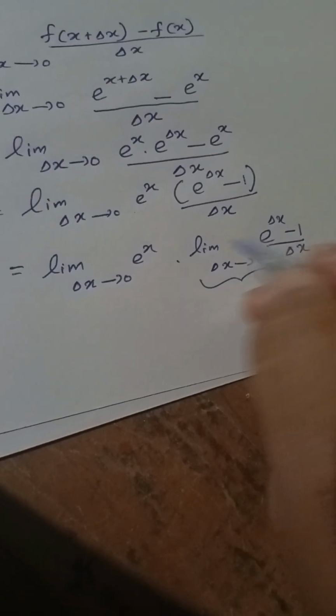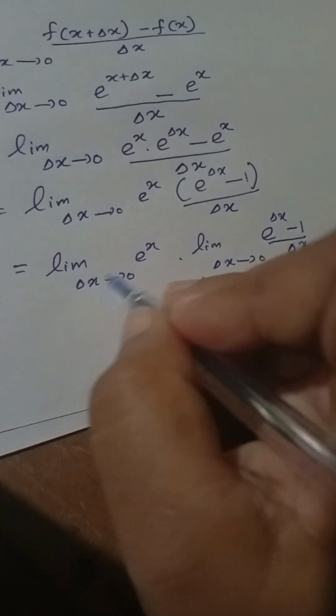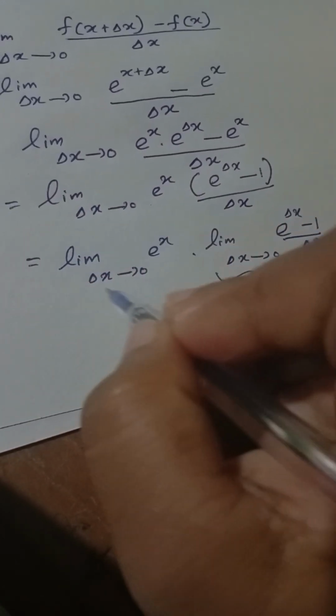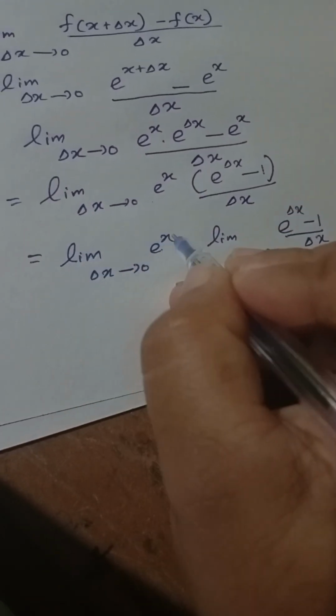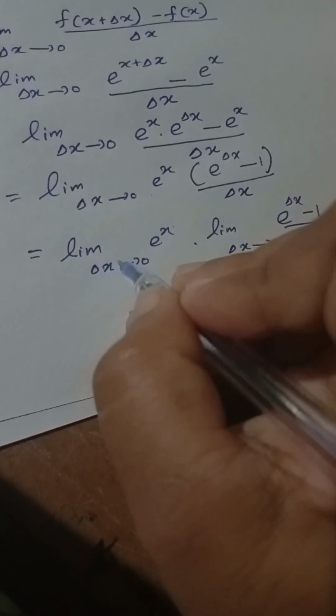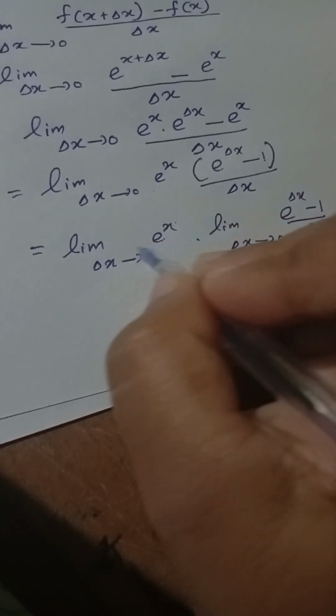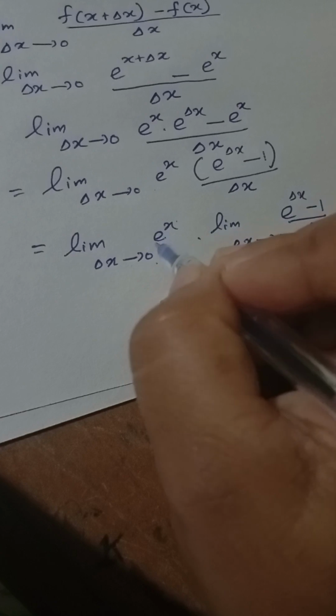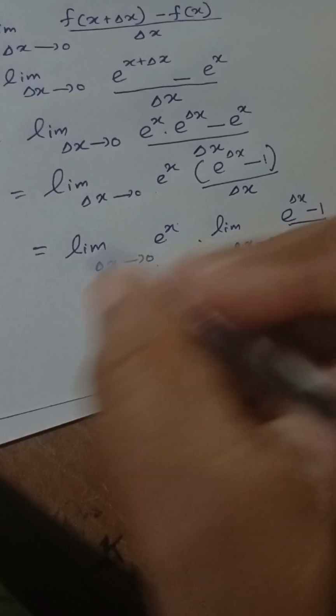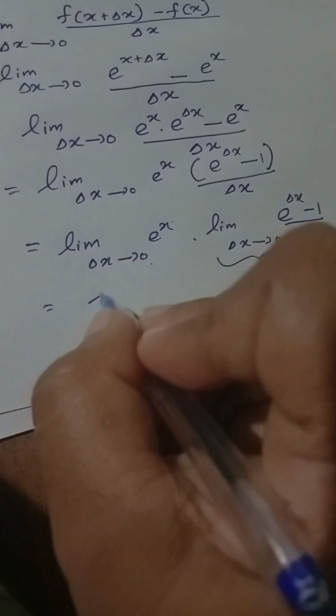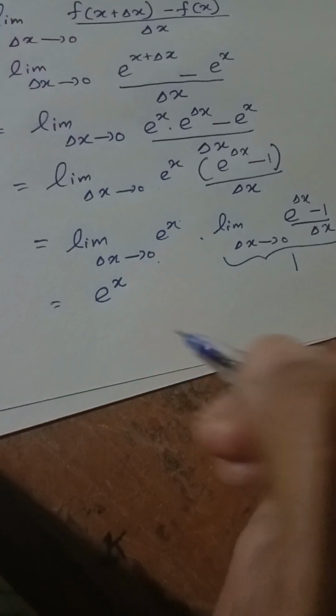In limits, the answer for this one is 1. Then look at here, what is the answer for limit of e to the power x when delta x goes to 0? We don't have any delta x terms here, that means e to the power x is a constant, then limit of a constant is the same constant.